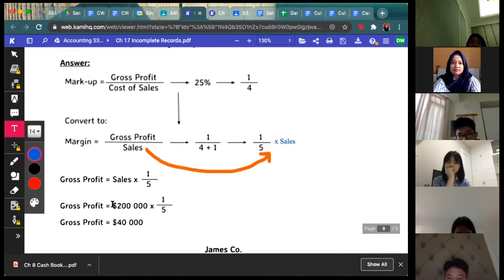Change the sales into 200,000, so you have gross profit of 40,000.